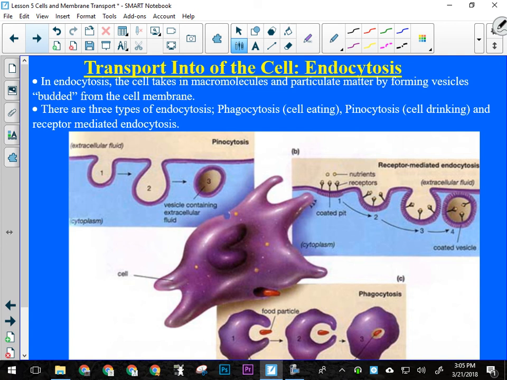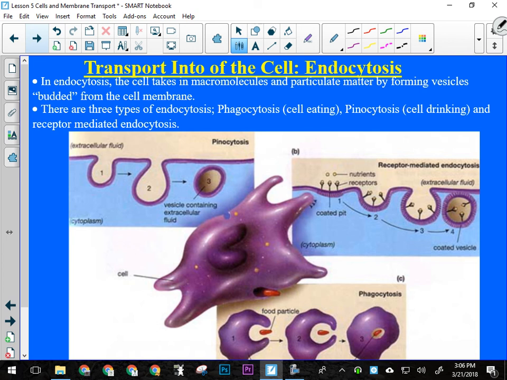Pinocytosis is the same process, but it's for taking in large amounts of water very quickly. Osmosis can move stuff fairly quickly, but if a cell is really dehydrated, it's going to gulp. So osmosis would allow a cell to slowly sip water, while this is chug-a-lug, like I'm so thirsty, I'm going to drink a whole gallon of water right now.